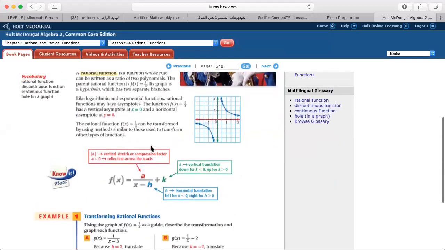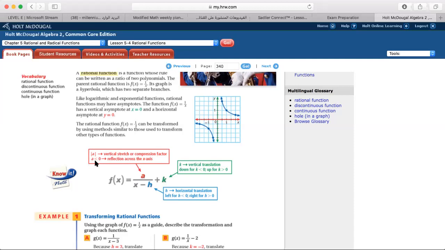We have a formula here: f of x is equal to a over x minus h plus k, where the absolute value of a is the vertical stretch or compression factor.